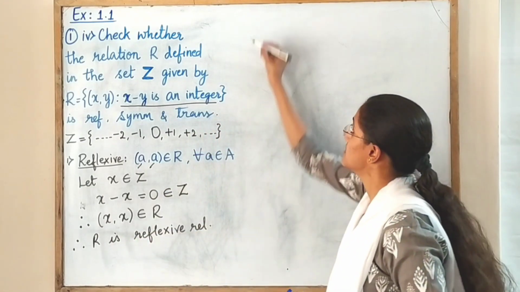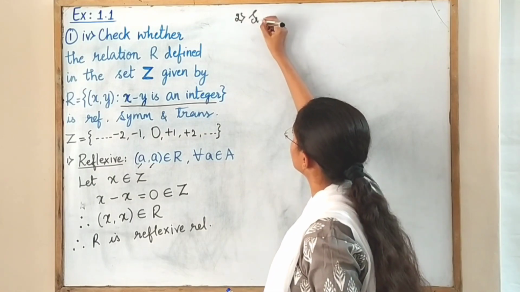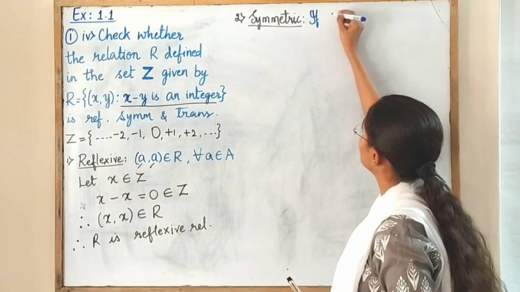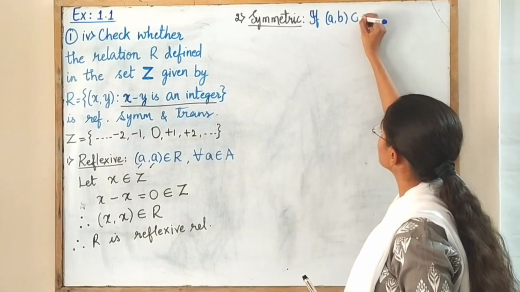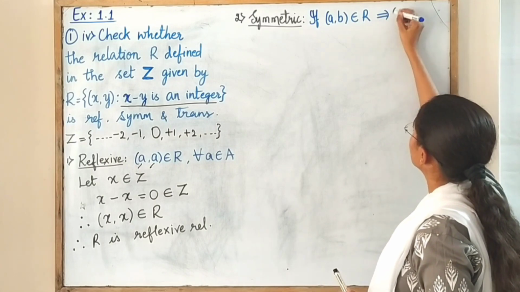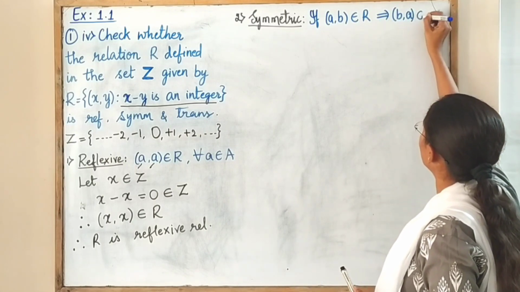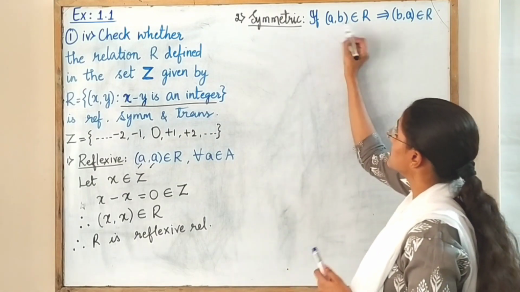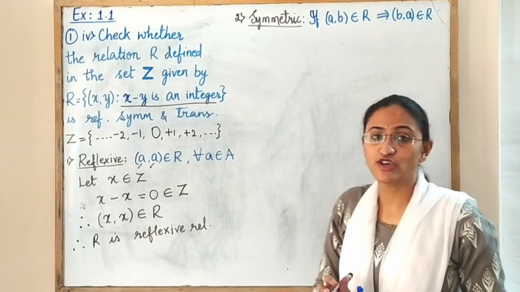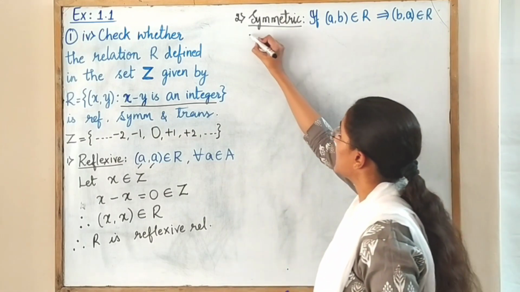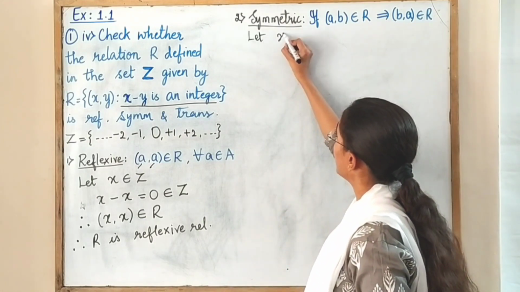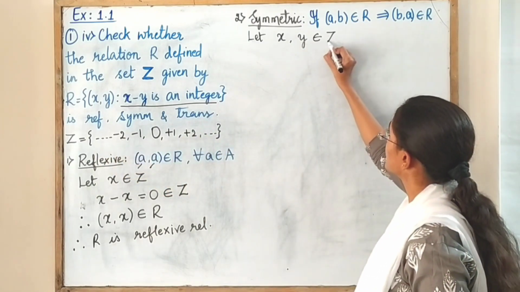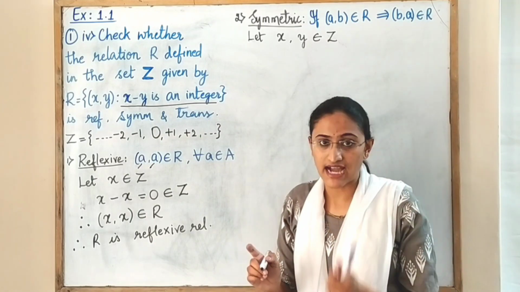The second one is the symmetric relation. Remember the condition of symmetric: if an element of the kind (A, B) belongs to the relation R, then the reverse order pair (B, A) should also be in the relation R. Now, for the symmetric relation you need two elements, and hence I am selecting two elements X and Y from the set Z. I am choosing two integers at a time.